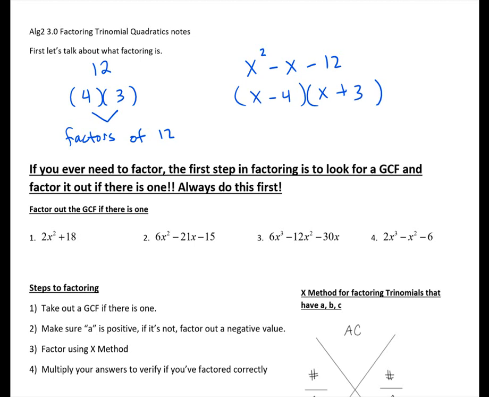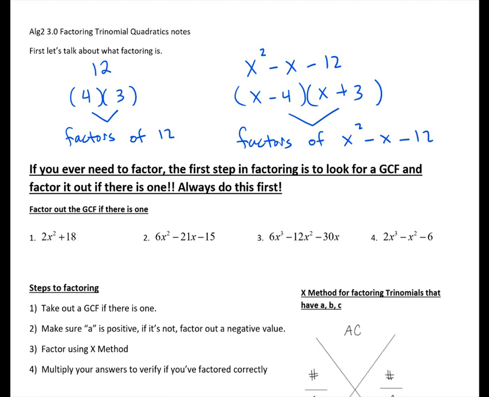So if I multiply x minus 4 times x plus 3, if I work all this out, it will give me x squared minus x minus 12, okay? So what that means is x minus 4 and x plus 3 are factors of x squared minus x minus 12. Okay, so that's like the idea of factoring. So that's what we're going to learn how to do today.